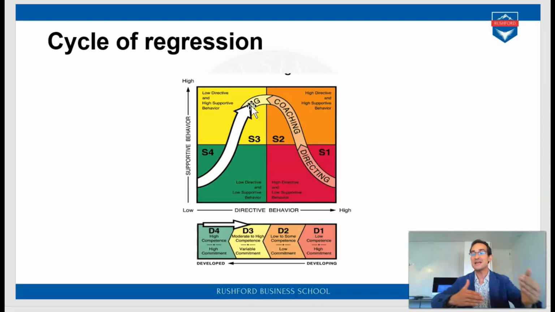You have to be readapting constantly, flexibly, the way you diagnose your people and the situation according to the tasks and objectives. So don't believe that an expert is going to always remain in this box of D4. Could be a regression, then you will have to act differently. Flexibility, flexibility, and flexibility of the diagnosis.